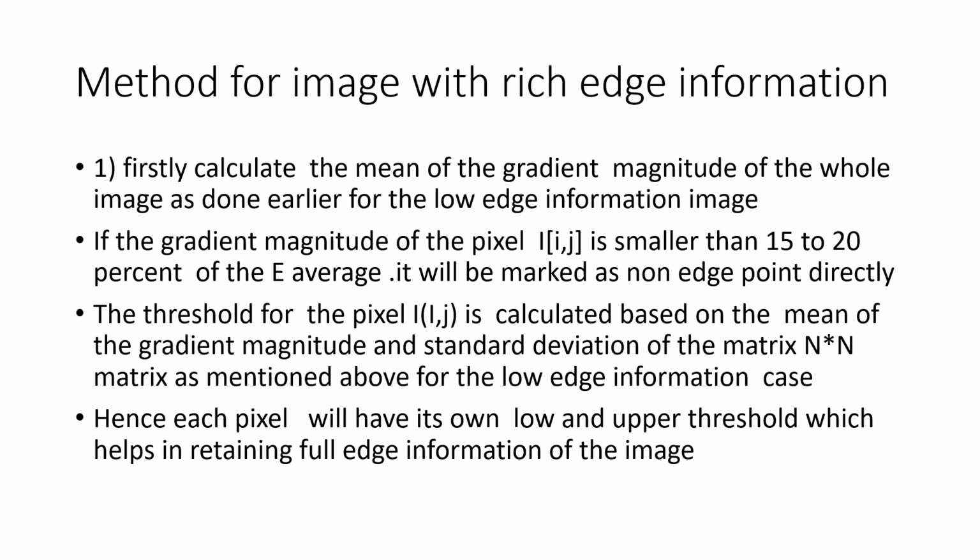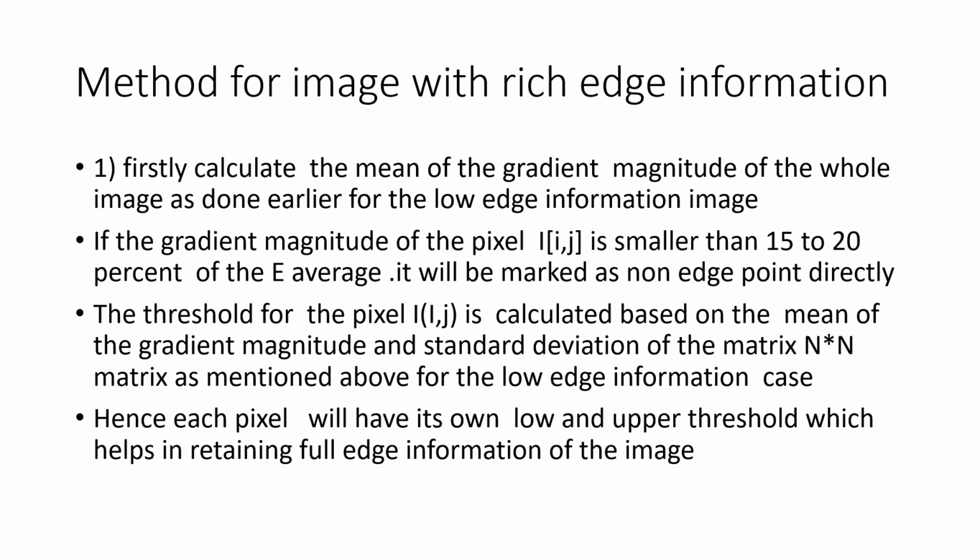Secondly, the threshold for each pixel I(i, j) is calculated based on the mean of the gradient magnitude and the standard deviation of the elements in an n cross n matrix of the image gradient, where n cross n can be taken as a mask around the I(i, j) pixel, just as in convolution.